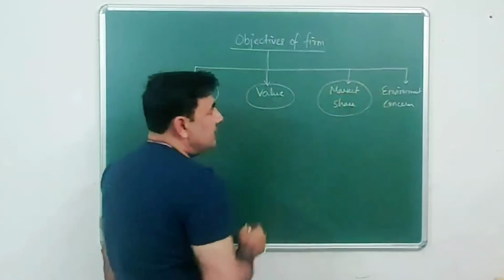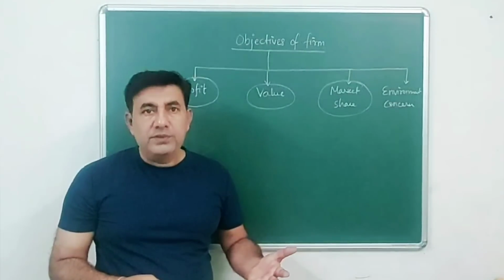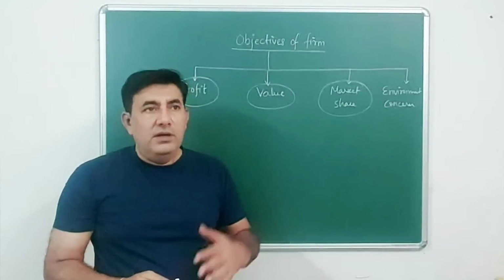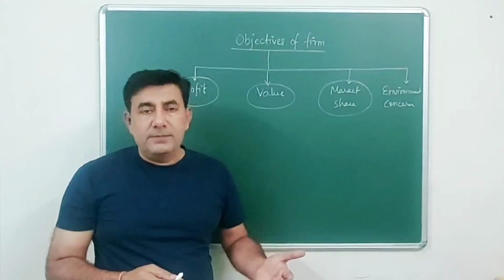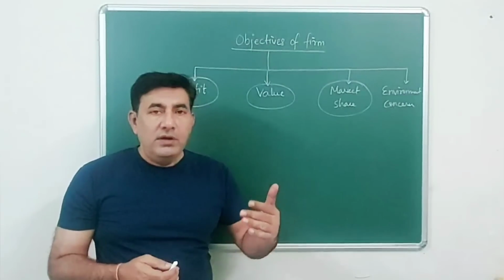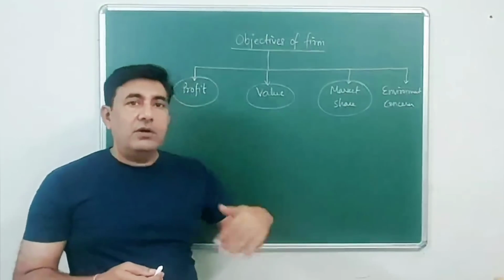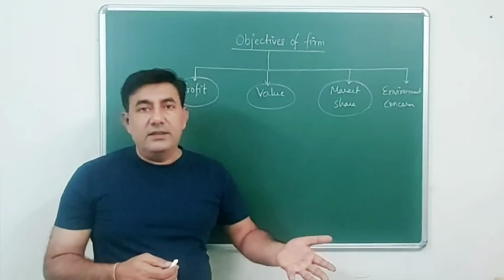Now, market share means to capture the market, to expand the sales volume. In other words, a firm will always hanker after increasing the sales. Okay, so like इस साल मतलब 10,000 units बेचा है, तो firm always targets for some more in the next year, then again some more in the next to next year.